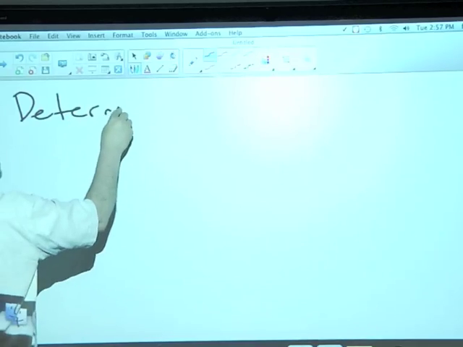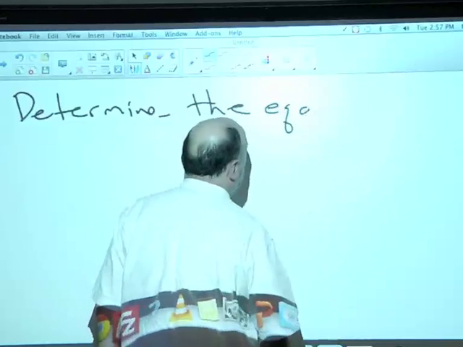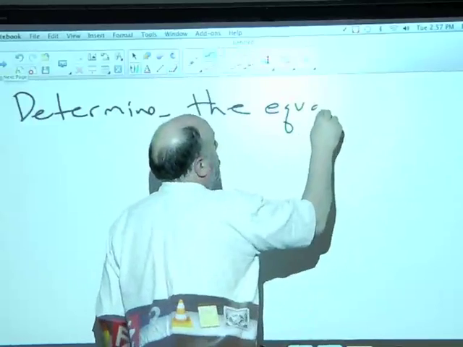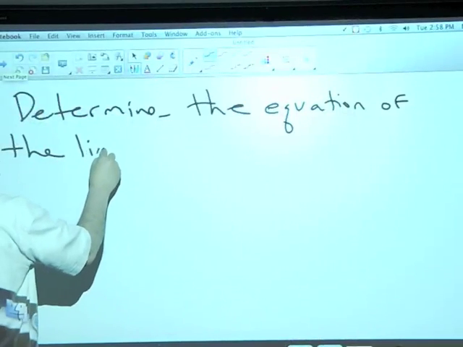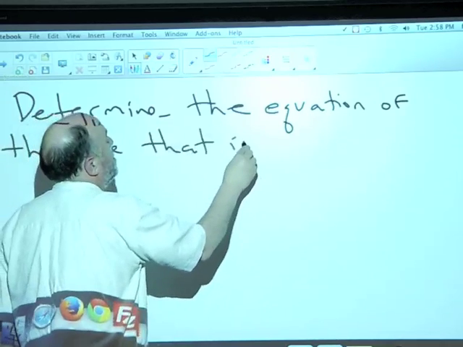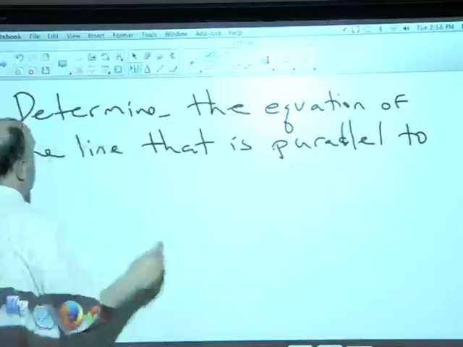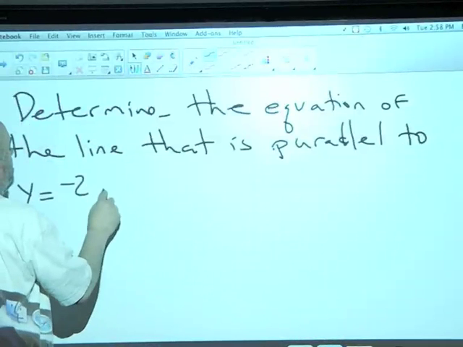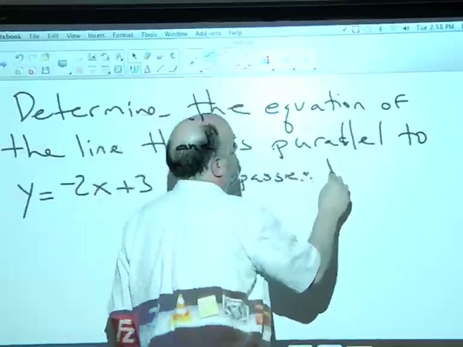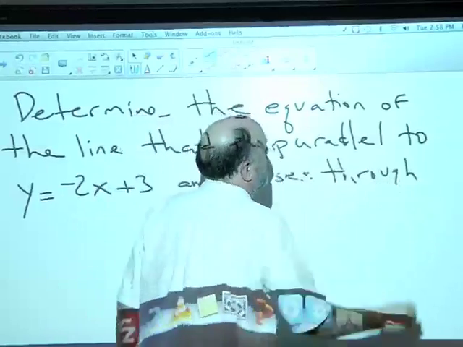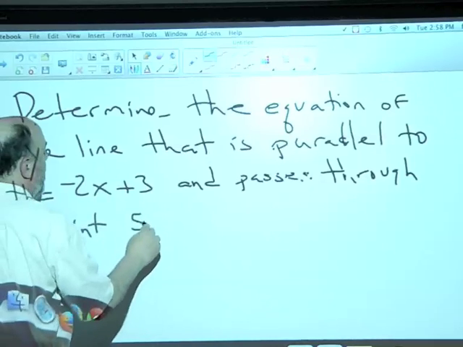Determine the equation of the line that is parallel to y equals minus 2x plus 3 and passes through the point 5, 12.